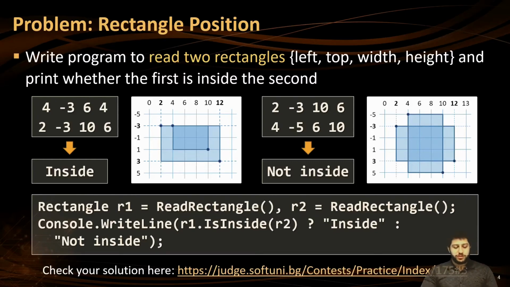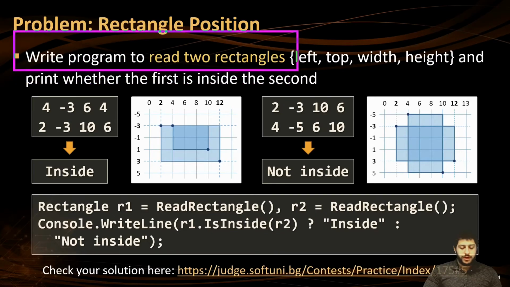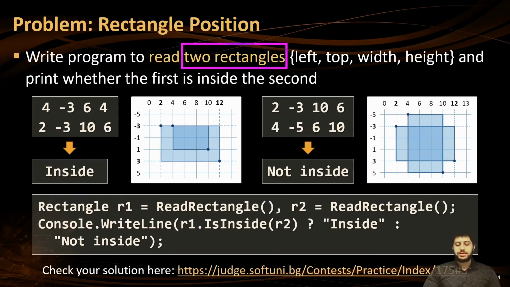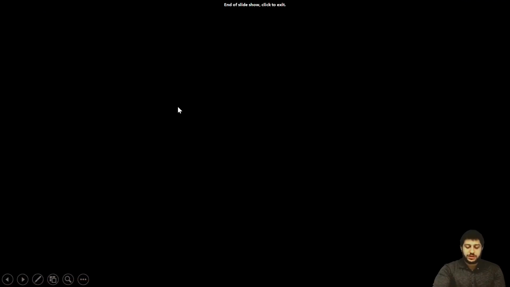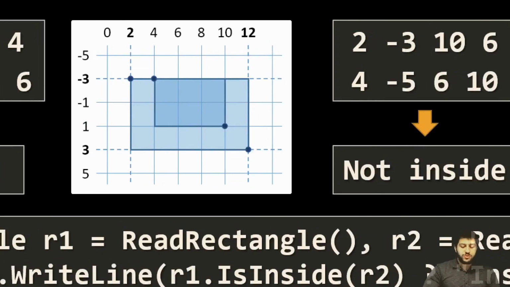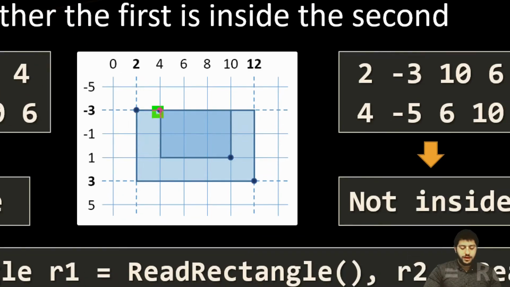Now we can solve an interesting problem using these types of rectangles, and this problem is called rectangle position. We need to write a program that reads two rectangles from the console, reading their left, top, width, and height properties, and prints whether the first is inside the second. So as we can see here, the first rectangle, this one, is inside this one.